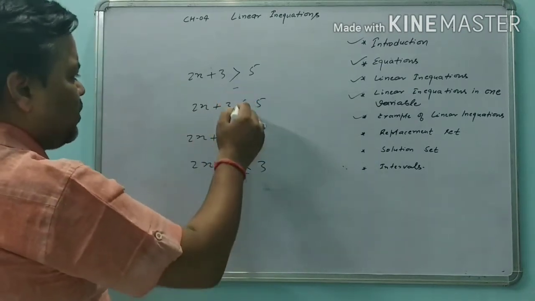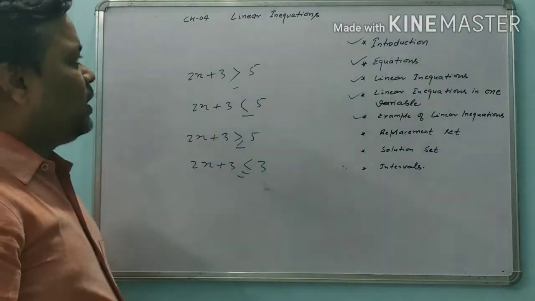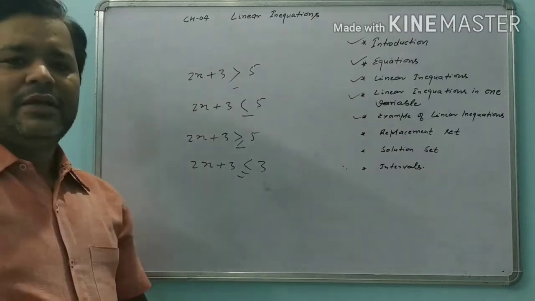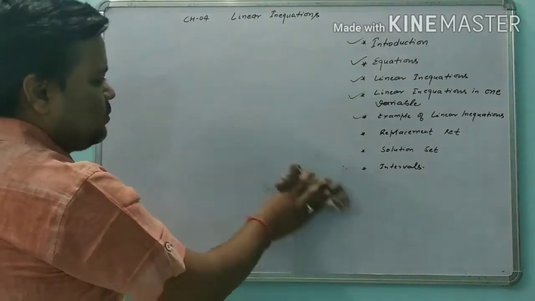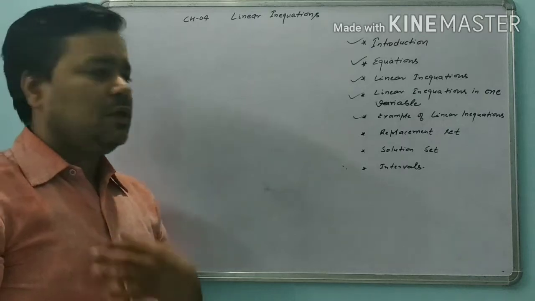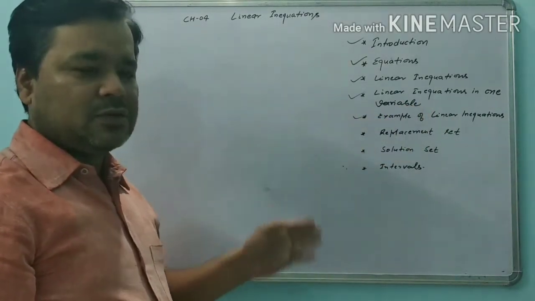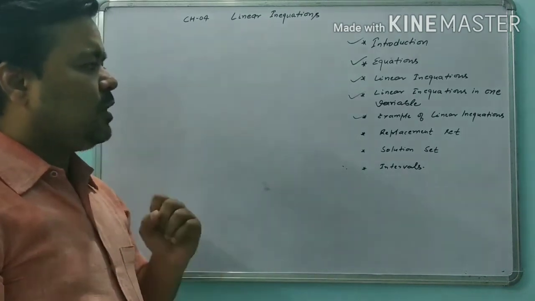All these types of conditions are inequations. All these are examples of linear inequations. In this way we find the difference between equation and inequation. In our syllabus we will discuss only linear inequations in one variable.